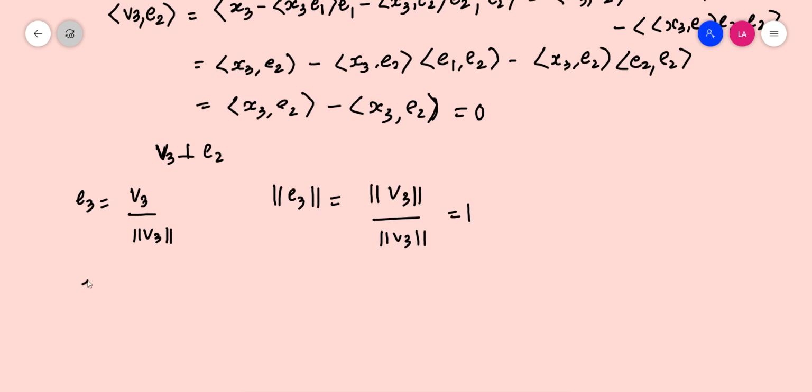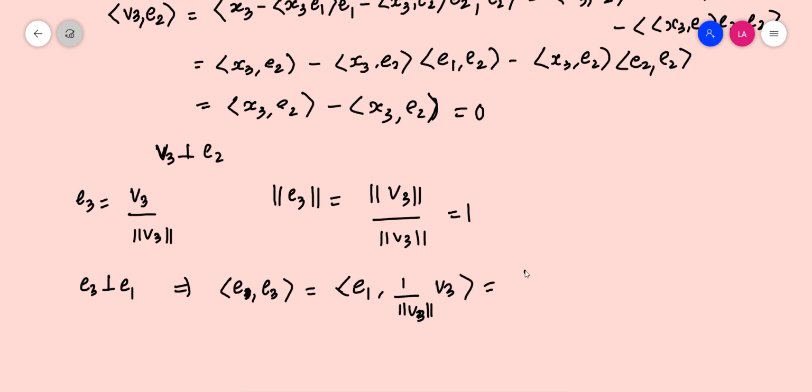And also E3 is orthogonal to E1 because inner product E1 E3 is equal to inner product E1 times 1 by norm V3 times V3, which is 1 by norm V3 times inner product E1 V3, which we have already proved is equal to 0.